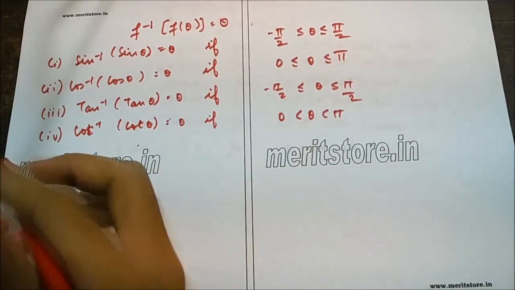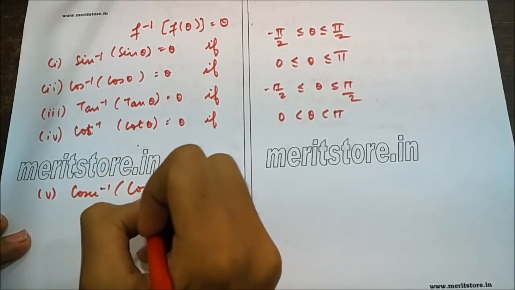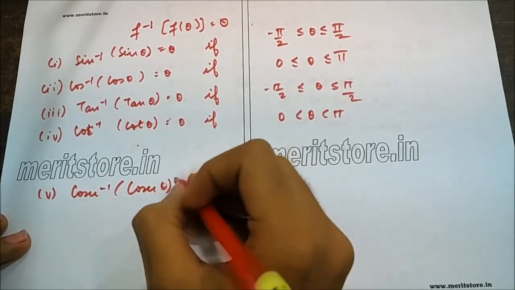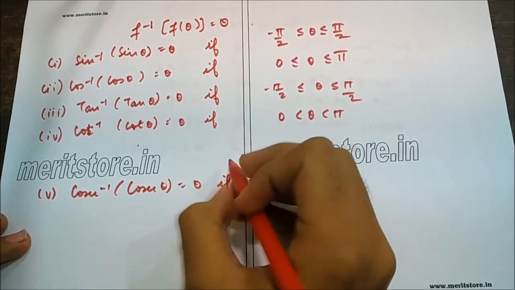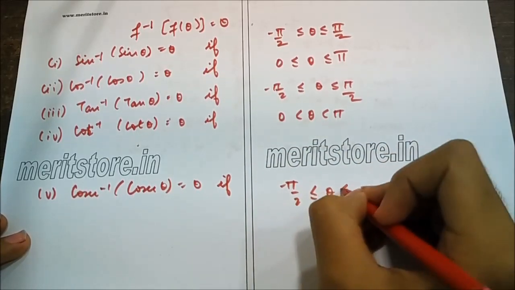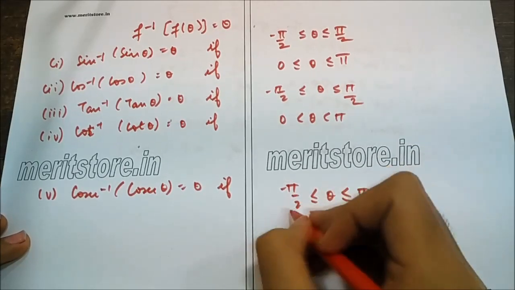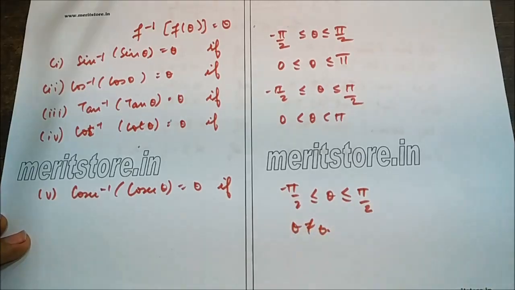The fifth one, cosec inverse cosec theta is equal to theta if theta ranges from minus pi by 2 till pi by 2, where theta is not equal to 0.